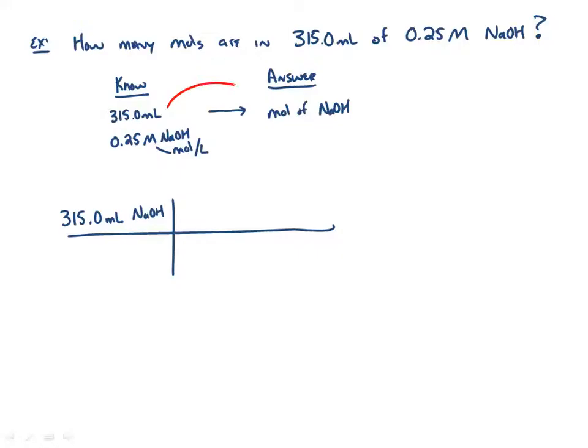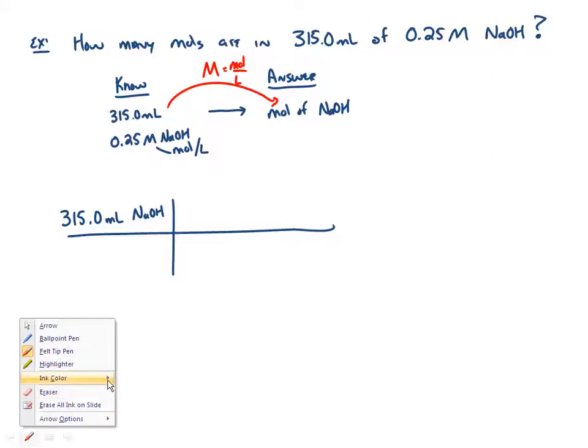If I want to go from milliliters to moles, well, molarity, or moles per liter, has moles in it, and it doesn't have milliliters exactly, but we're okay with converting milliliters to liters, and so that's going to be our conversion factor. You can actually start with the conversion factor if you want, and as long as your units cancel out and are in the right spot in the problem, you're going to get the right answer. It's just going to look weird because halfway through the problem you'll have one number sitting by itself.